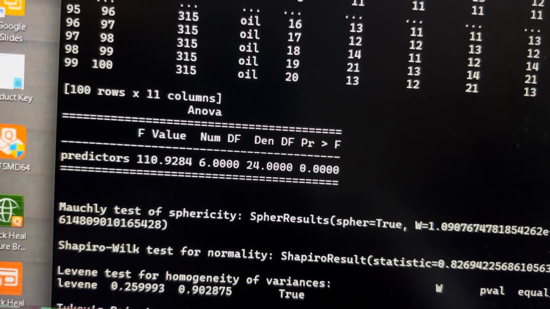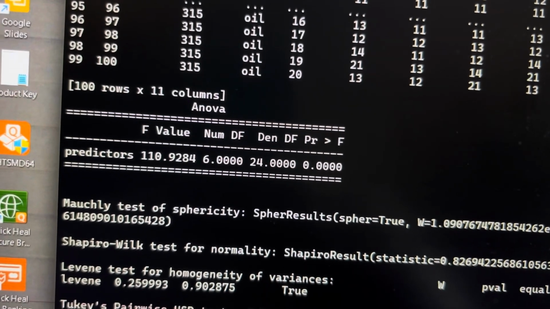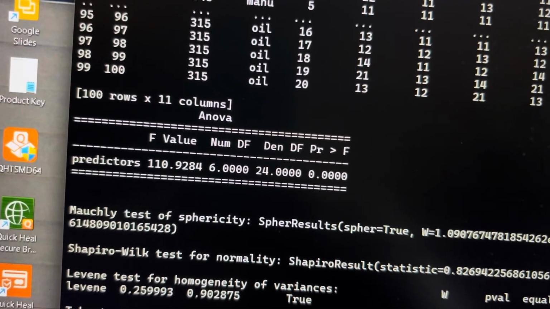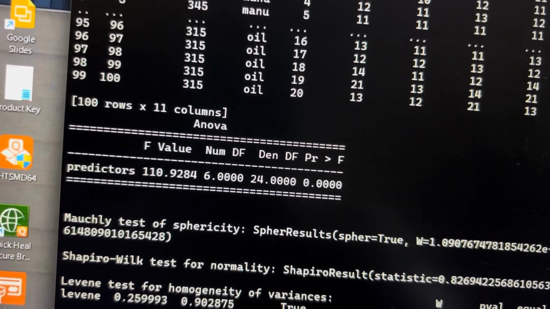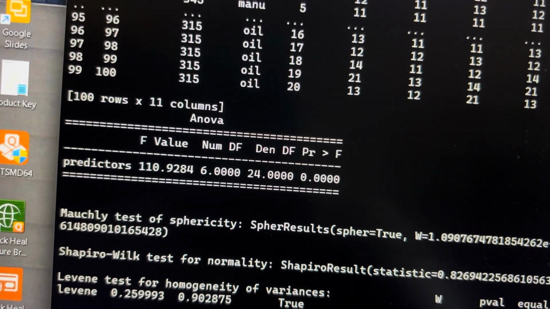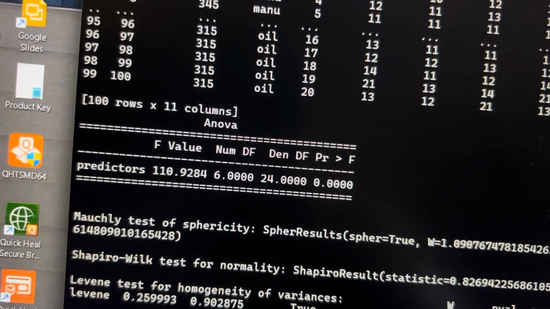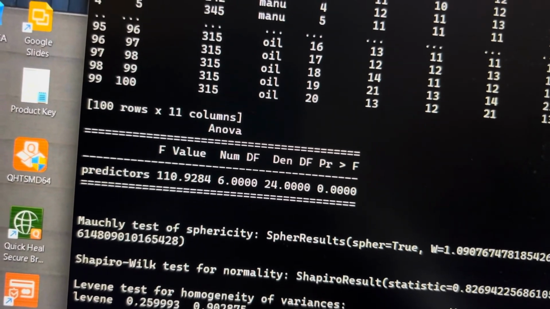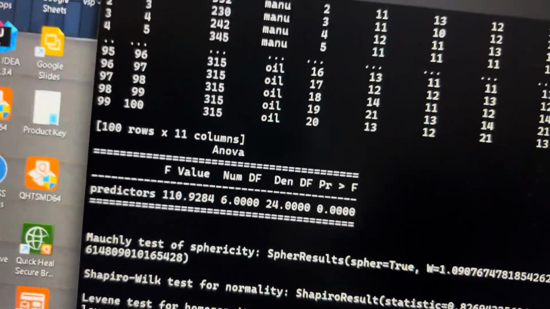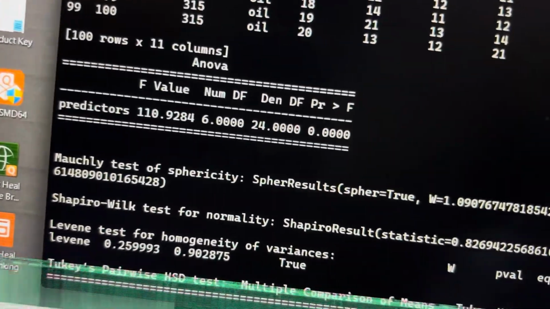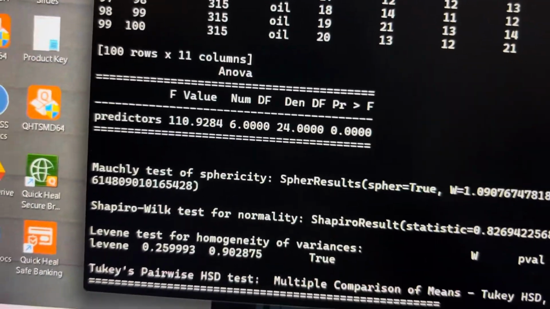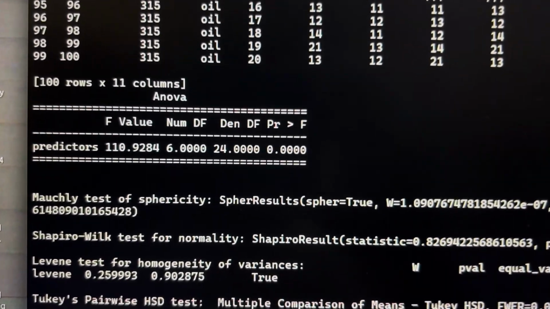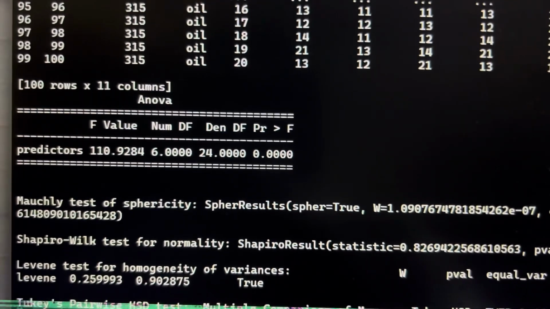The degree of freedom is 624, the F value is 110.9284, and the probability of F is 0.0, which means it is very, very significant. That is, the model fits very well.